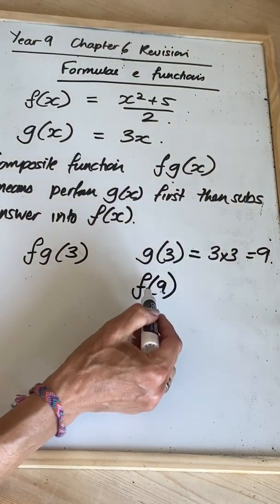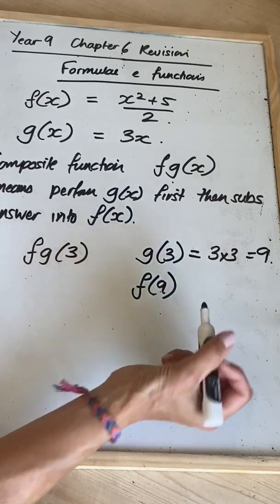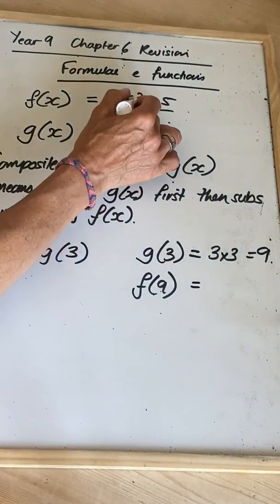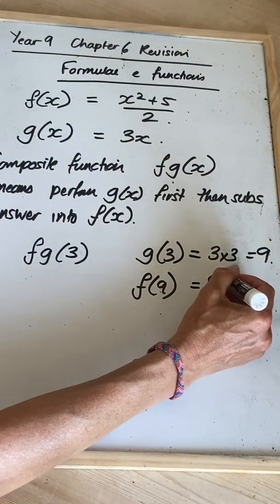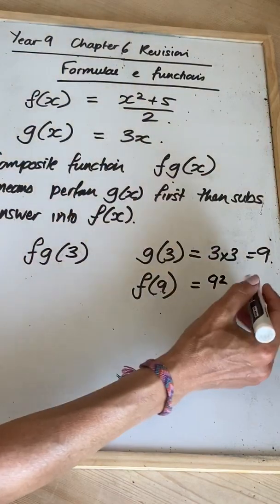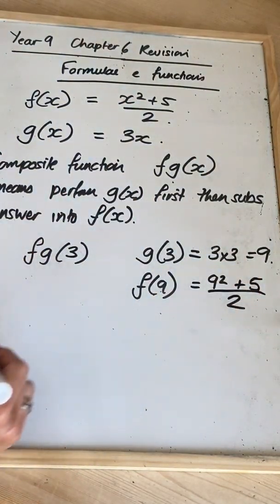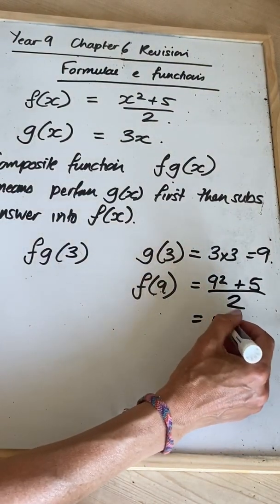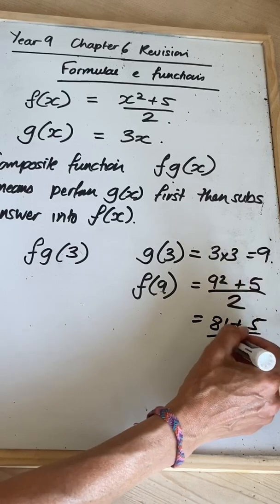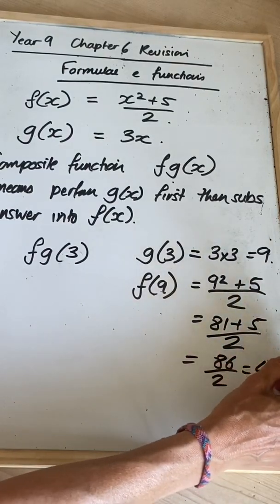Take my answer, I'm going to put it in as my x value into my f function. Here's my f function, there's my x. So I'm going to square the 9, x squared, so 9 squared plus 5 over 2. My working therefore will be 81, 9 squared is 81, plus 5 over 2, which is 86 over 2, which is 43.